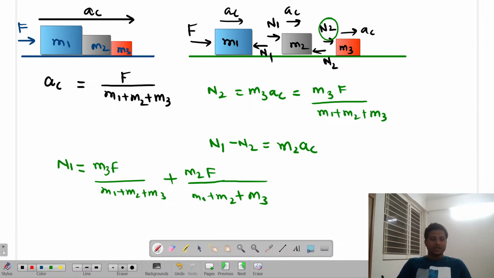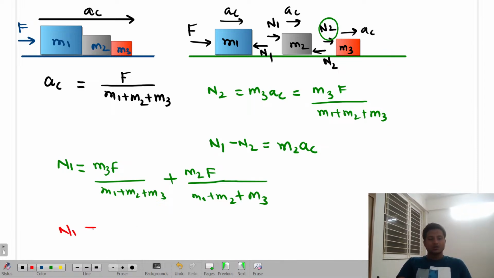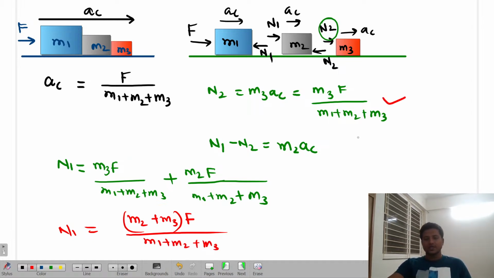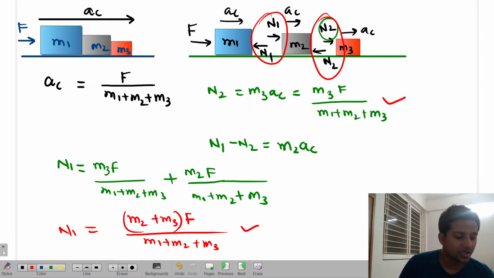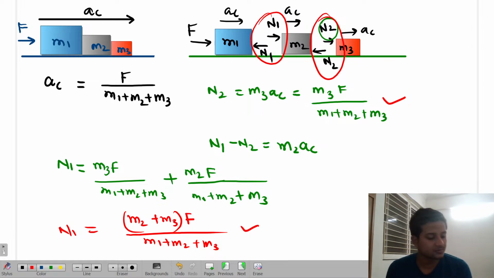So the normal N1 is equal to how much? The sum of these two: M2 plus M3 into the external force F divided by M1 plus M2 plus M3. So this is my N2 and this is my N1, and these are the contact forces. N2 is the contact force between M2 and M3, N1 is the contact force between M1 and M2. Are you able to get me or not?